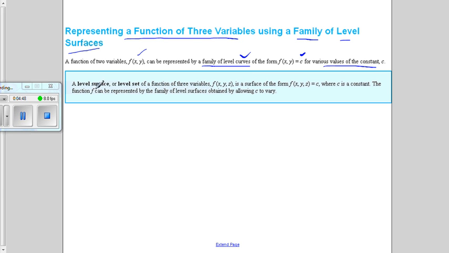Likewise, we could set our three independent variable function to a constant for various constants, allowing c to vary. And what we're going to get is a family of level surfaces, three-dimensional shapes.